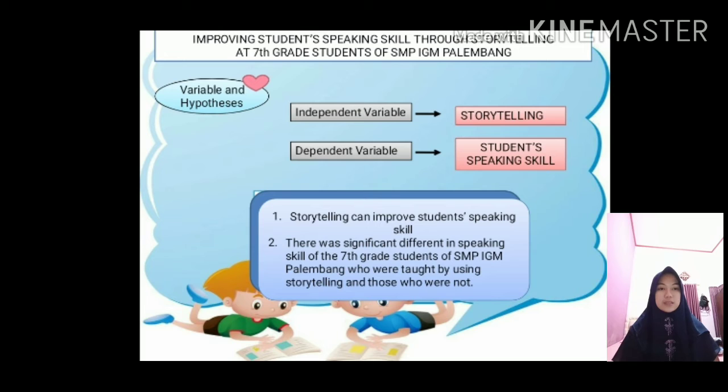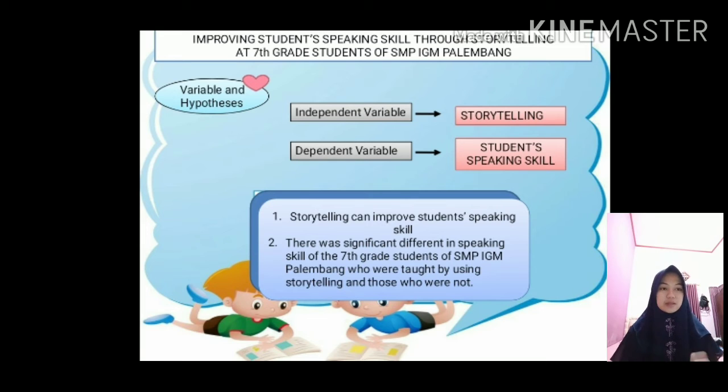Independent variable is also called free variable. Independent variable or free variable is a variable which influences another variable, or influences the dependent variable. And then dependent variable is a variable which receives the influence of the independent variable.